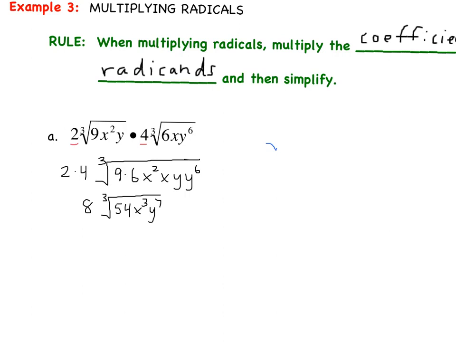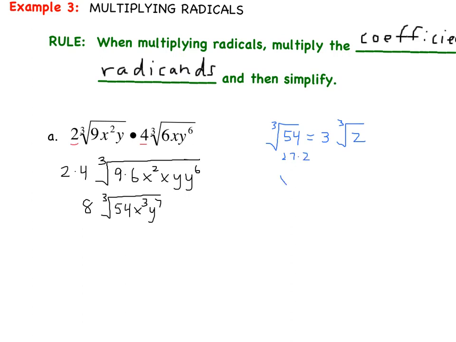So focusing on the cubed root of 54, the biggest perfect cube that goes into 54 is 27. And the cubed root of 27 is 3, leaving us with the cubed root of 2. So 54 is really 27 times 2.